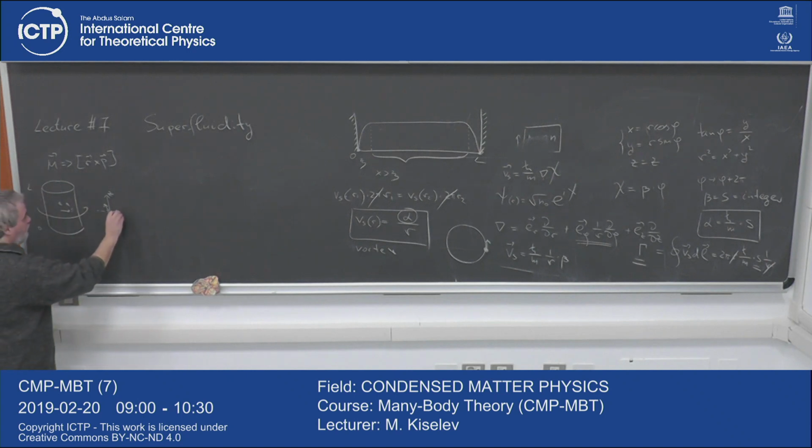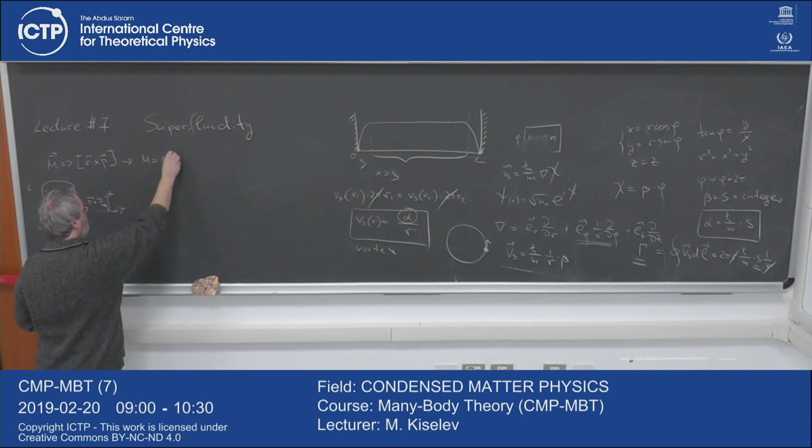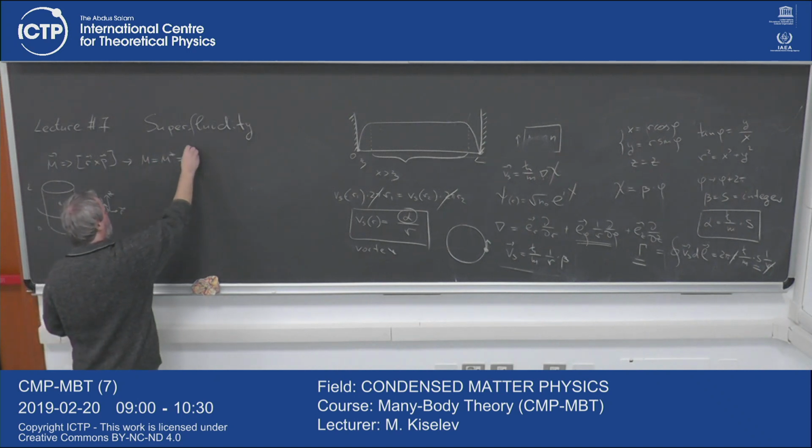This is r, this is p, which is vs times m, and the vector product r cross p is directed along the z-axis. So therefore, I can write down that M, which is by definition Mz, I integrate over z.